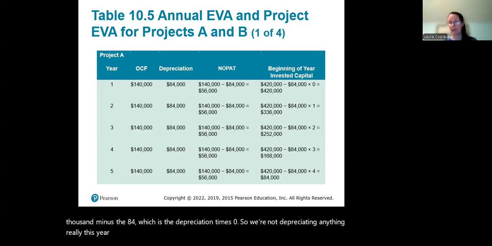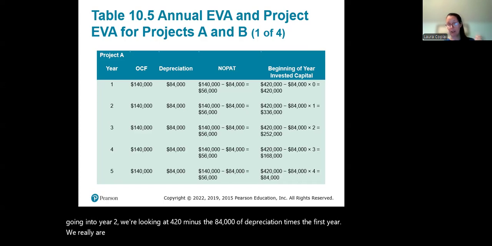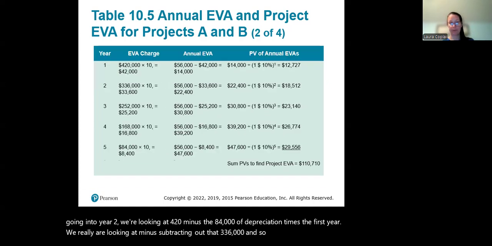So our beginning of year invested capital is still at 420. At the end of year 1 and going into year 2, we're looking at 420 minus that 84,000 of depreciation times the first year. So we really are looking at subtracting out that 84,000, leaving 336,000, and so on and so forth.